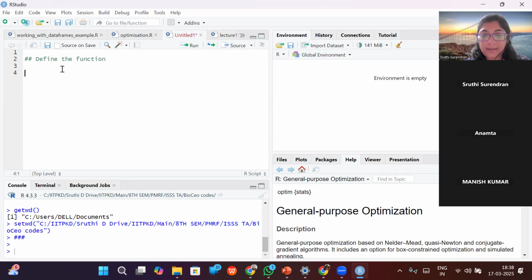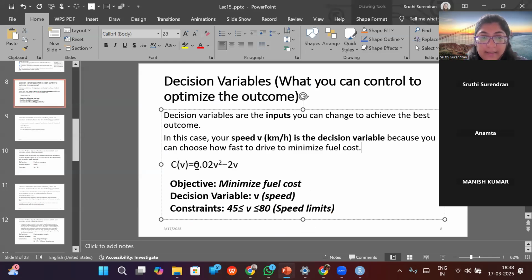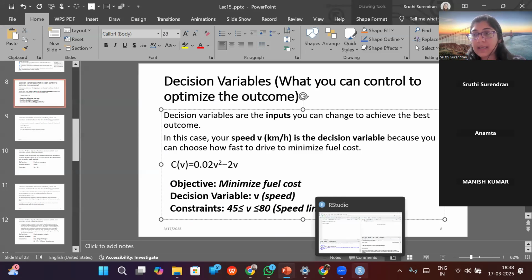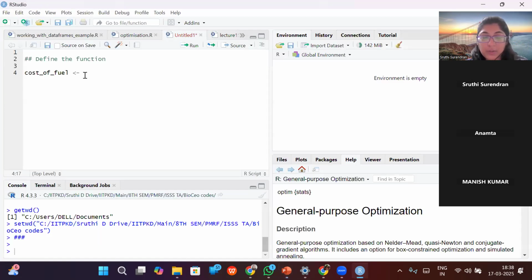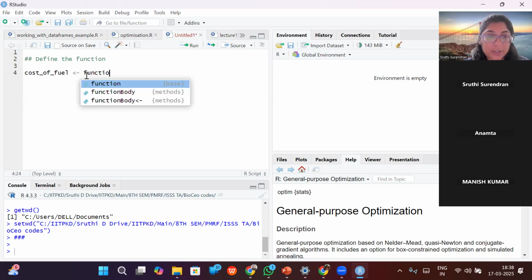Now the function is given by the cost of fuel. Here the equation that is provided is C is equal to 0.02 V square minus 2V. So that is the equation of the cost of fuel. In order to define an equation, particularly when we are optimizing, we have to use the command function.